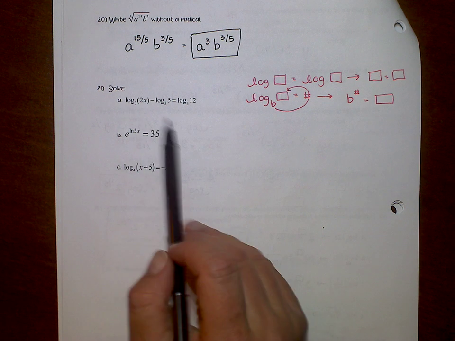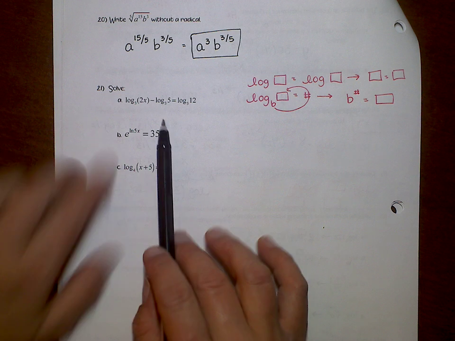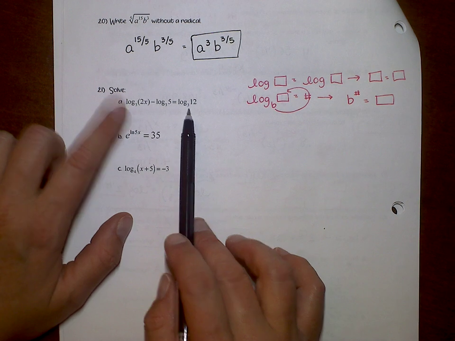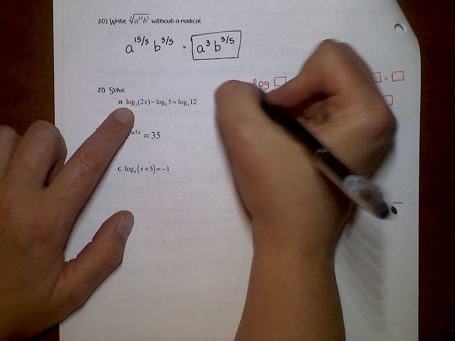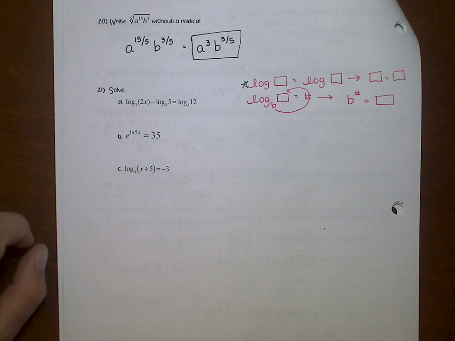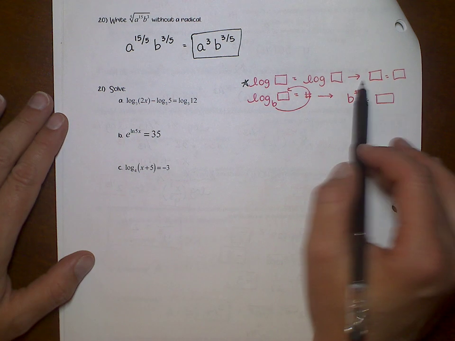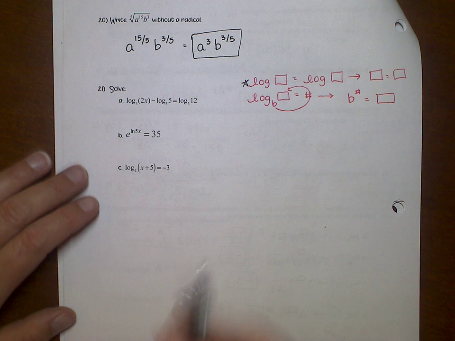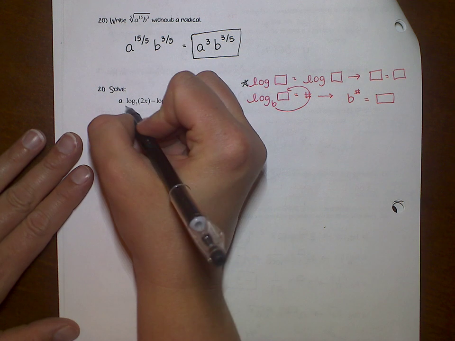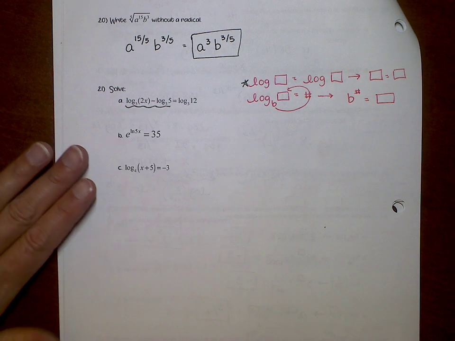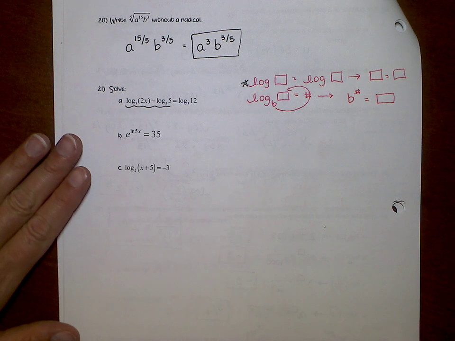So when I look at A here, just to kind of set my mindset up, I see that I have logs on both sides of the equation. So this is kind of what I'm shooting for. I want to get to a point where I have log of something equals log of something else and set these two things equal. In order to do that, I need to really combine what's going on over here. I need to get that down to a single logarithm.